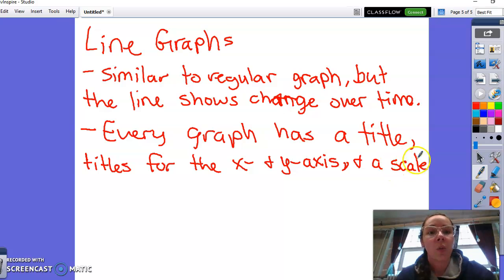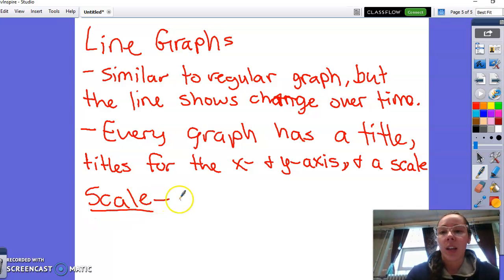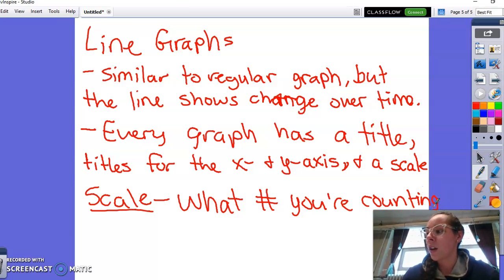Basically, because this is a new word, the scale tells what you're counting, or tells what number you're counting, for each step.